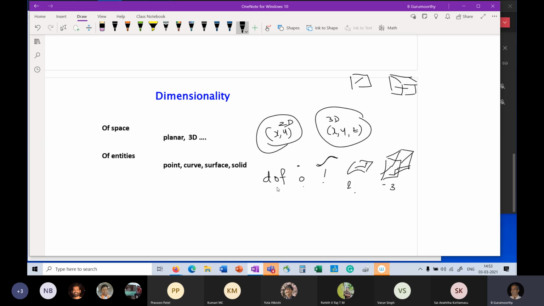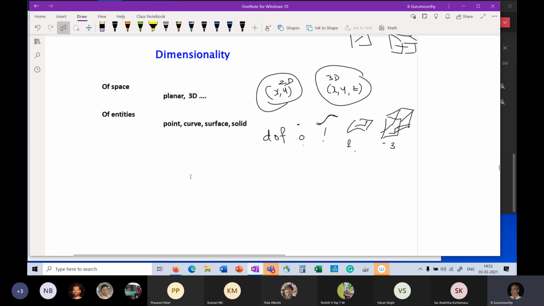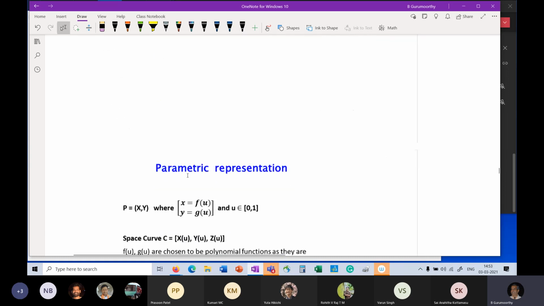That's the reason why we made a special mention of space entities, because irrespective of the dimensionality of that entity, this is about the dimensionality of the space it occupies. It's not on a plane, but it's inside a 3D box. Okay, so just keep that distinction in mind.